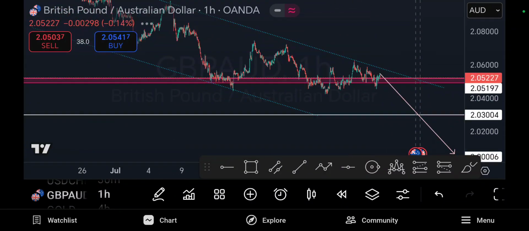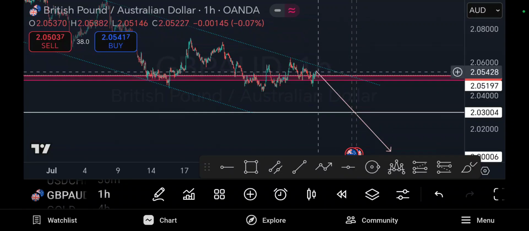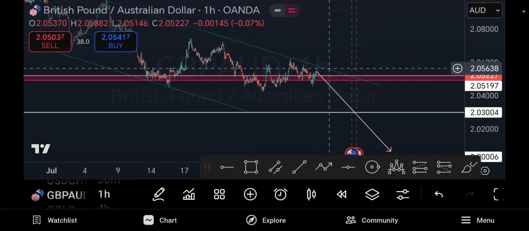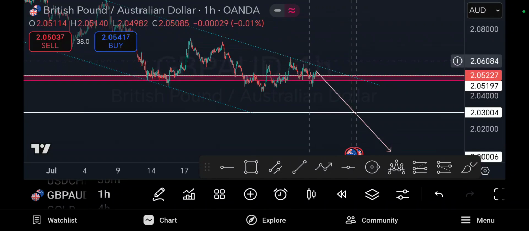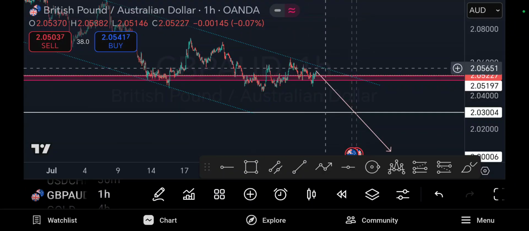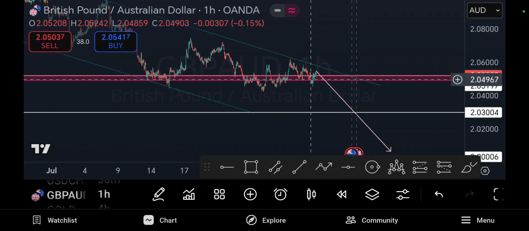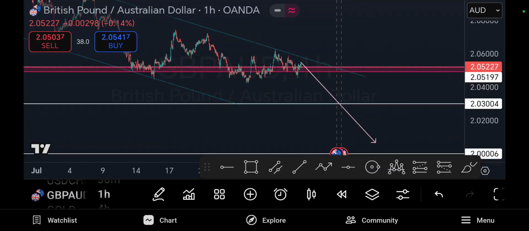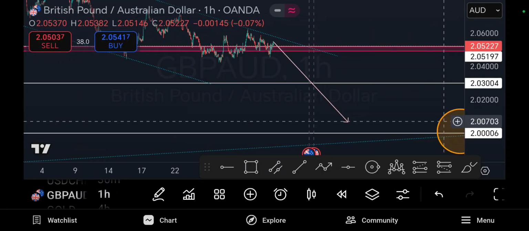You see what I told you about confluence. It touched this strong diagonal resistance, which is this part, and it's also playing around the main resistance, which is like the floor. So there's a high chance that it could break below and give us this touch here.